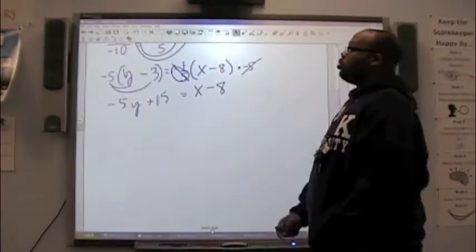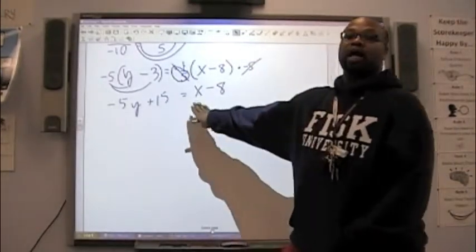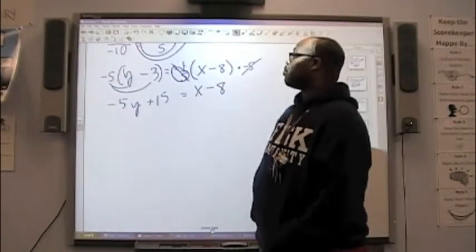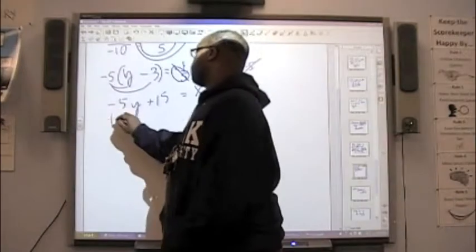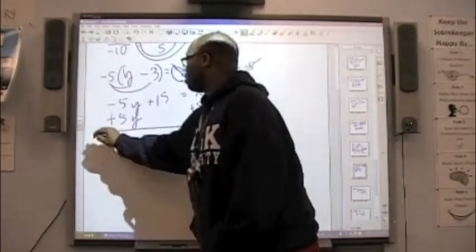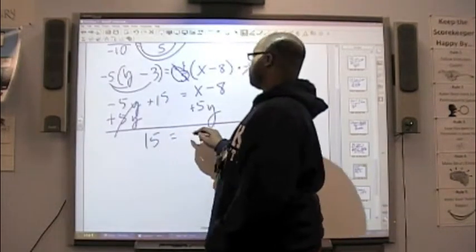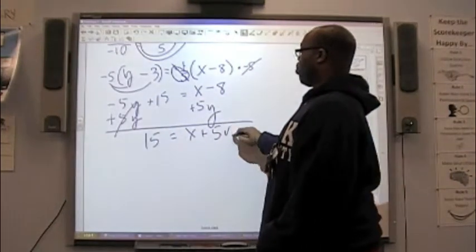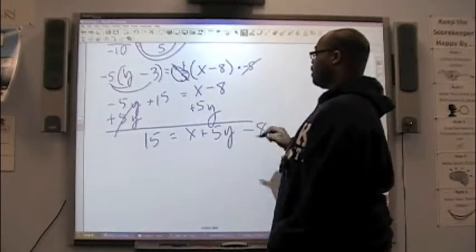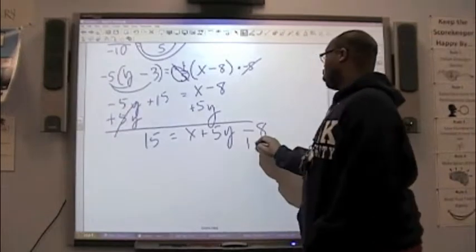Right, and so now we're going to put this in standard form. We have everything we need. Remember, my x is positive, so I'm going to stay with that positive x by adding 5y to both sides. That's gone, and so I'm going to have 15 equals x plus 5y minus 8. I'm going to add 8 to both sides because I need all my constants on one side.